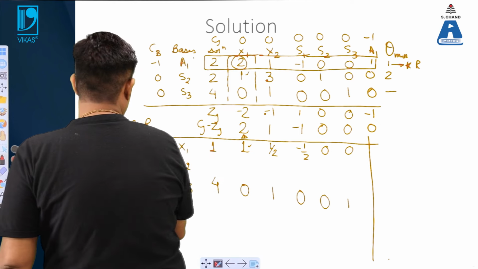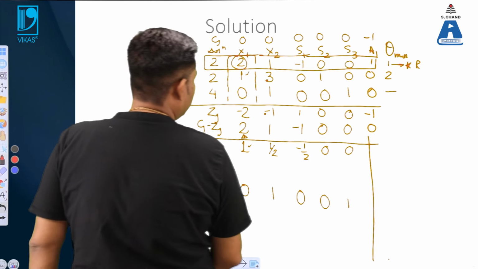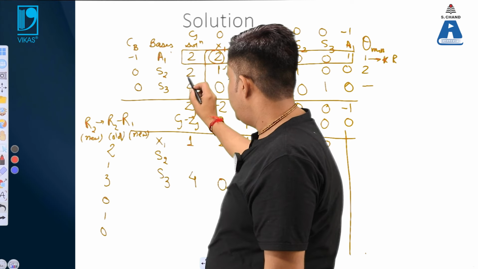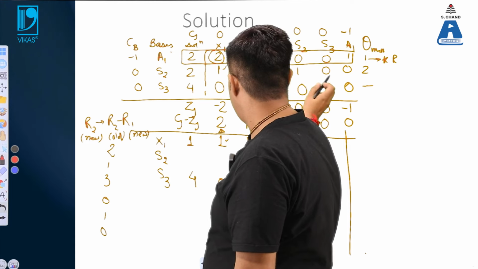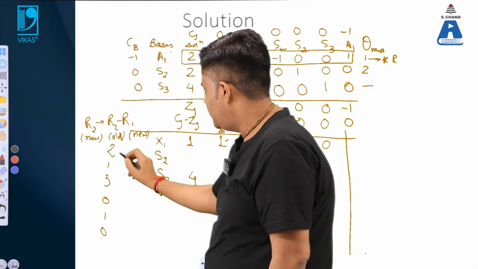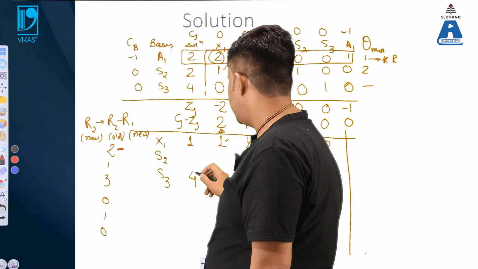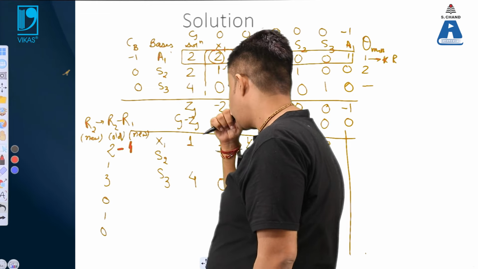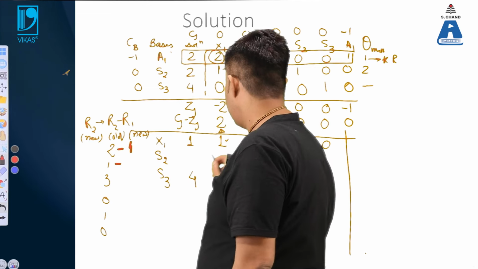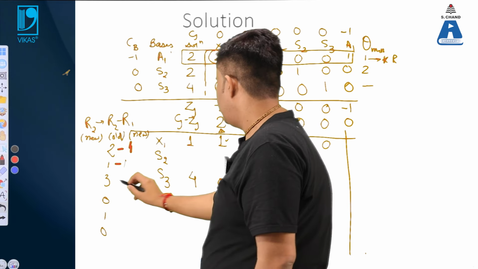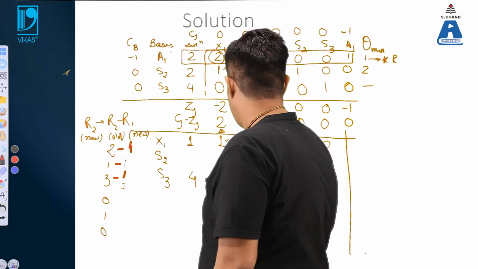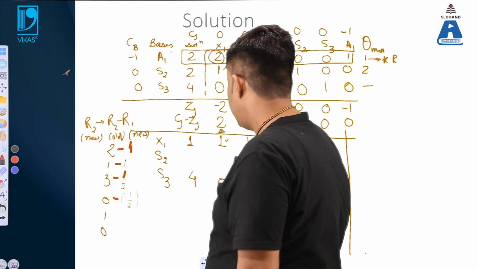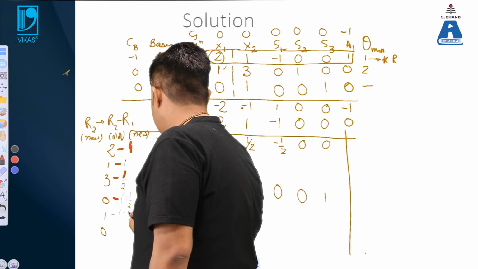So 2, 1, 3, then 0, then 1, and you have 0, minus all these elements of the first row, which is 2 minus 1. Then you have 1 minus 1, then 3 minus 1 by 2, 3 minus of minus 1 by 2. Then you have 1 minus of minus 1 by 2.